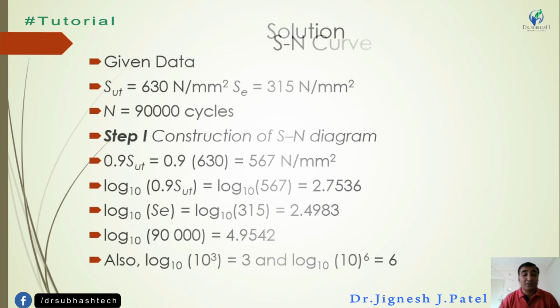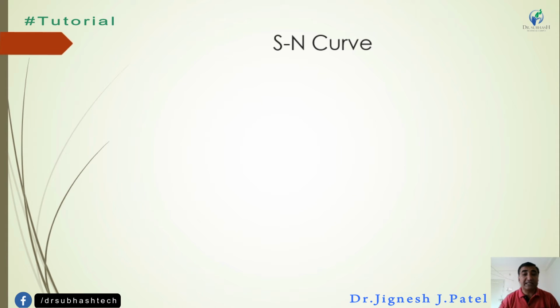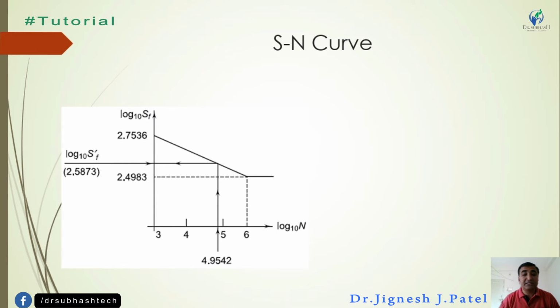Okay. Now let us construct the SN diagram. How to construct the SN diagram? You can see this is the SN diagram, on which the x-axis is log N and the y-axis is log S. At this point it is log 0.9 SUT, and the value is 2.7536.